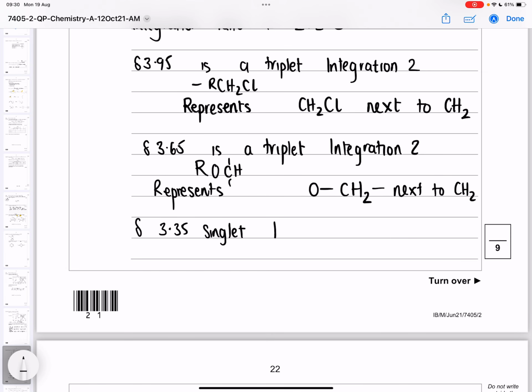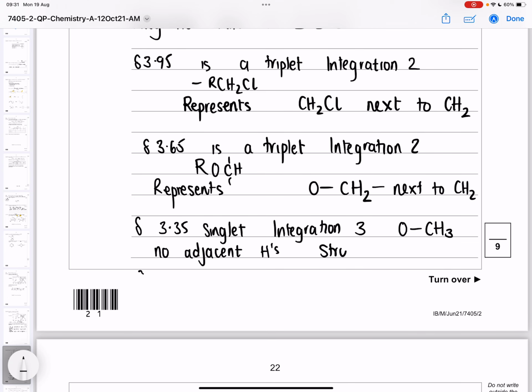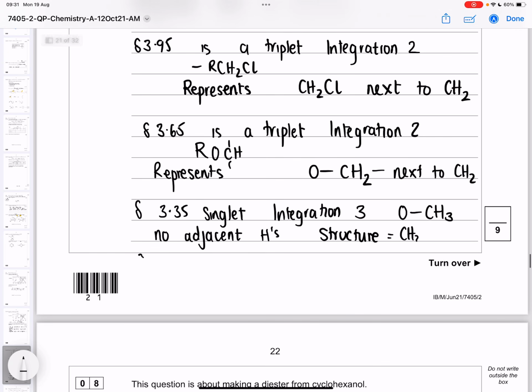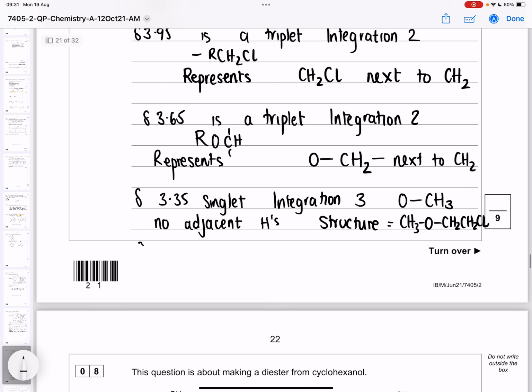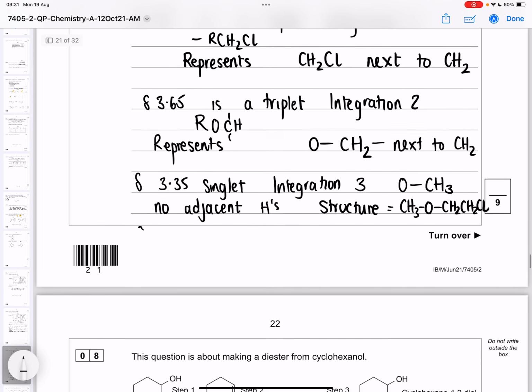It's a singlet, integration 3, and it's another one of these OCHs, but this time it's an OCH3, no adjacent H's, and so our structure overall equals, so we've got this CH3 next to an oxygen from our bottom piece, which is next to a CH2, which is next to a CH2, which was our first piece. In an exam, I would have used some of the additional paper to finish that off, just so that I've spread it out and it's clear. I wouldn't want it to get cut off in the scanning.